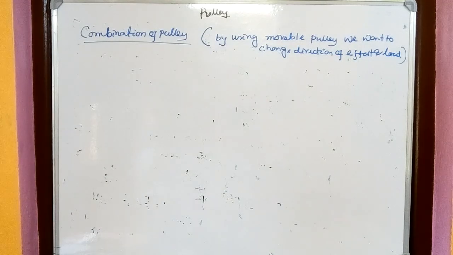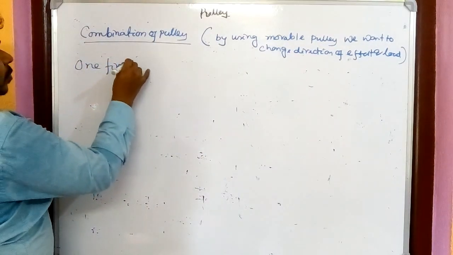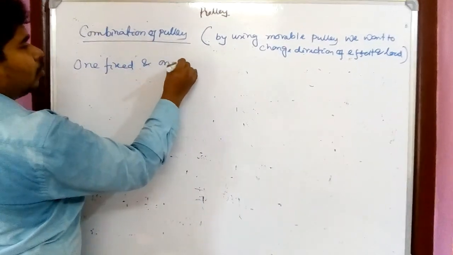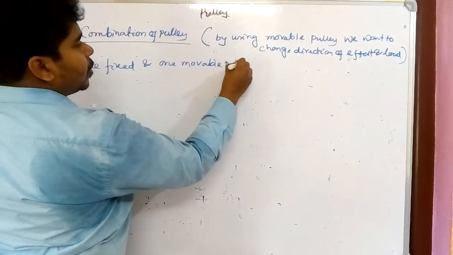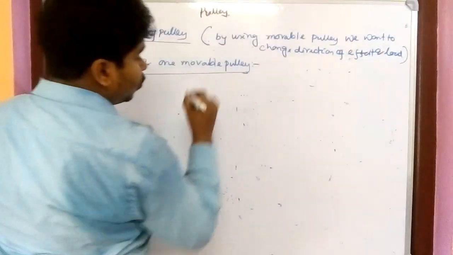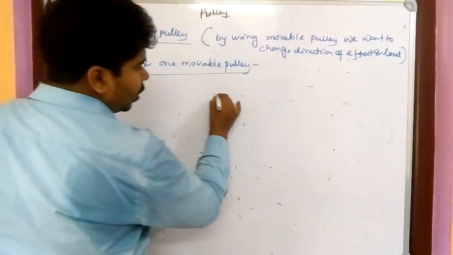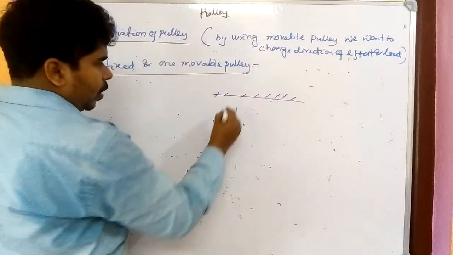So the first combination of pulley, that is the easiest one. Here we have to take one fixed and one movable pulley. So it is the first combination where one pulley is fixed, one pulley is movable. How it works? Let's see. Assume it is a fixed ceiling. Okay.